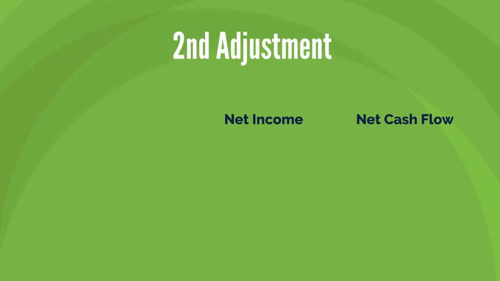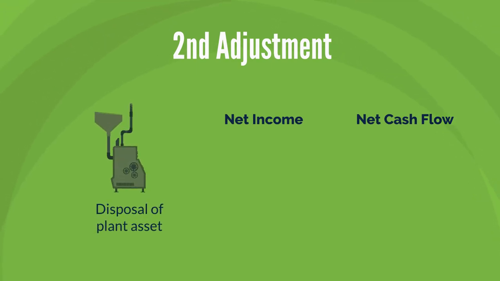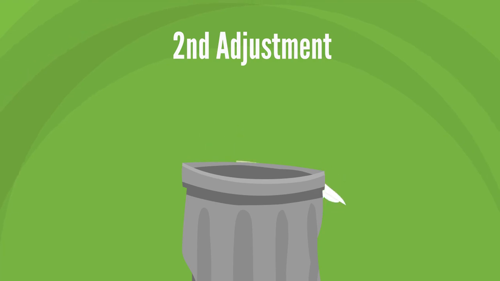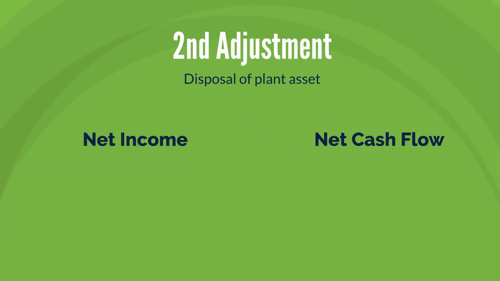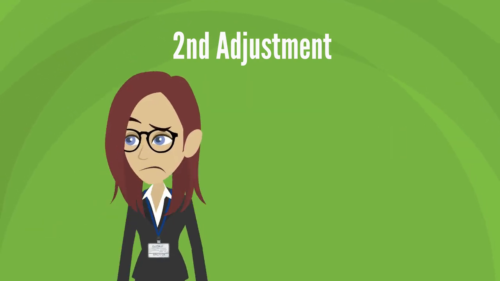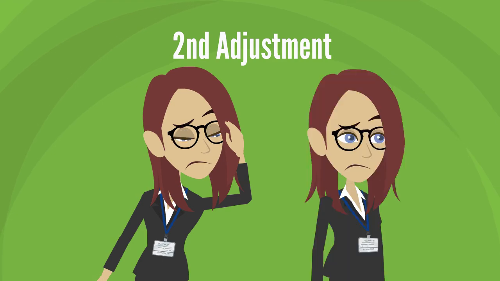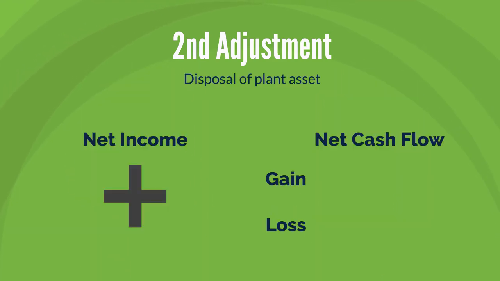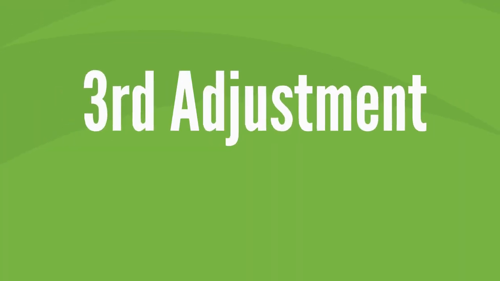Gains and losses on the disposal of plant assets. When we make a gain on disposing of a plant asset, we accounted for it by adding to our net income. However, from this alone, we don't know where or when the cash actually came into the firm, so we adjust by deducting any gains from disposal and adding any losses from disposal.